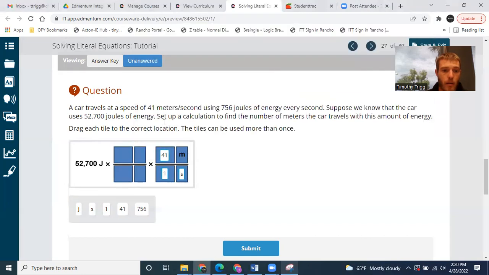Since these joules right here are on the top, the numerator, we need the other joules in the denominator to cancel, this J canceling with that J. All right, per 1 second.